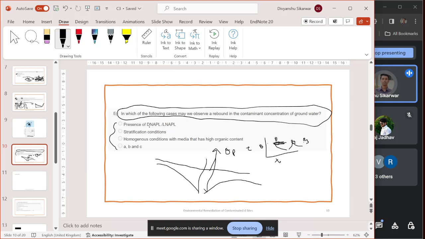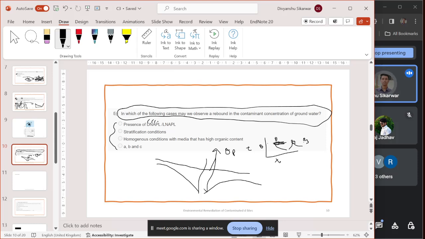DNAPL is dense non-aqueous phase liquid, and LNAPL is light non-aqueous phase liquid. If these two types of liquids are present as contaminant, then there will be a reappearance or rebound in contaminant concentration of groundwater.